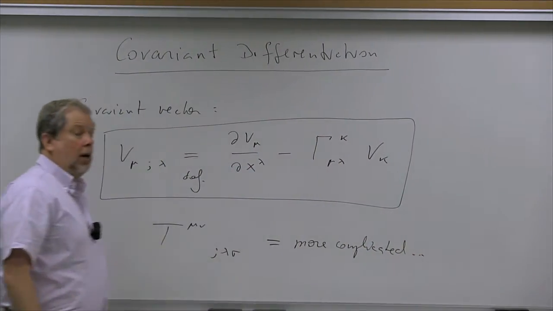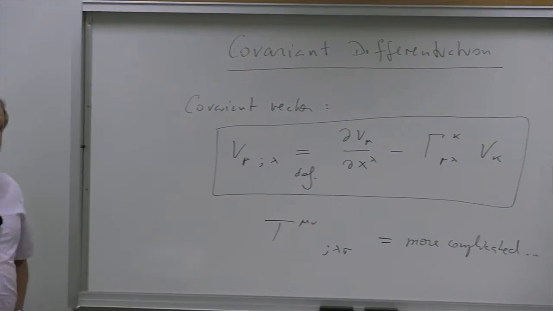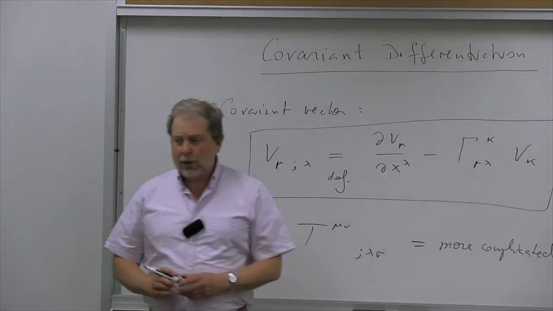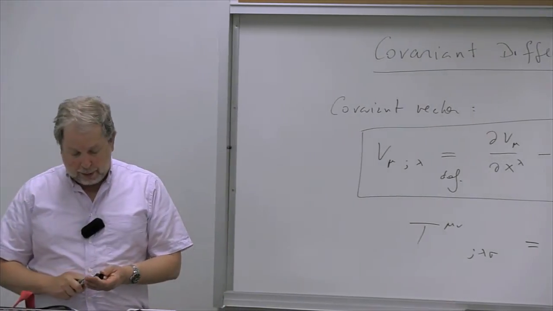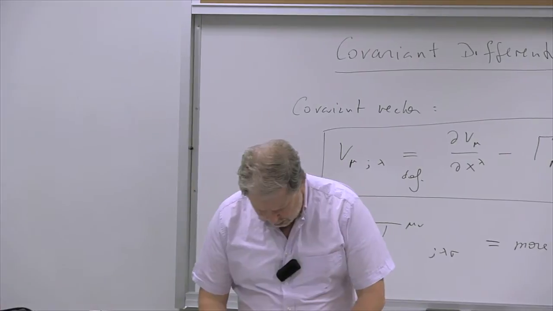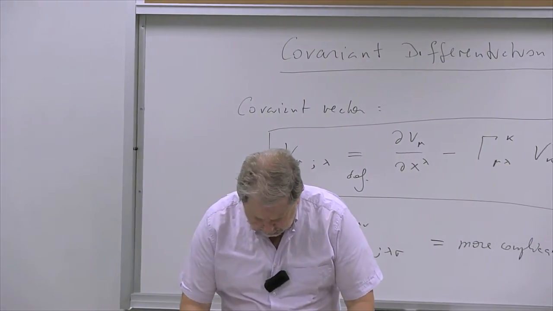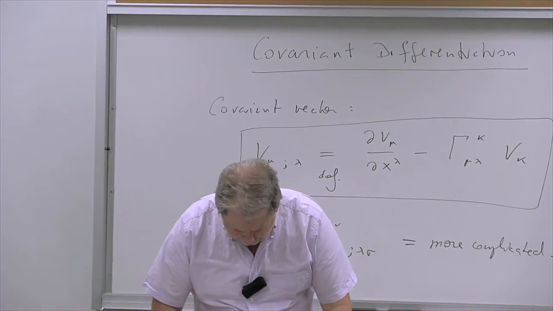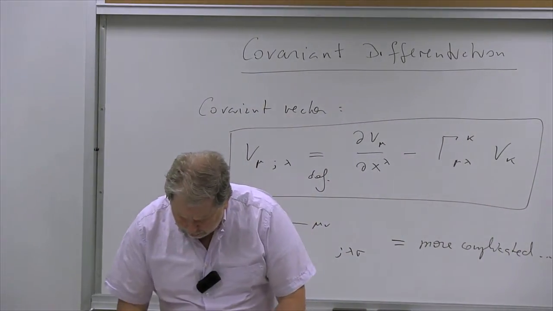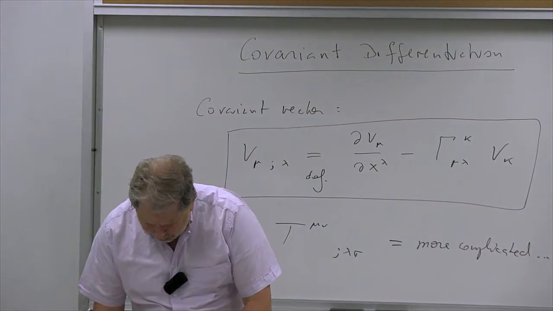In other words, there's going to be lots more terms with the gamma. You only have one gamma when you take the derivative of a vector, but if you have a tensor that has many indices, then there's going to be more contributions. Well, we won't go into that, but you can find the formulas in the book.